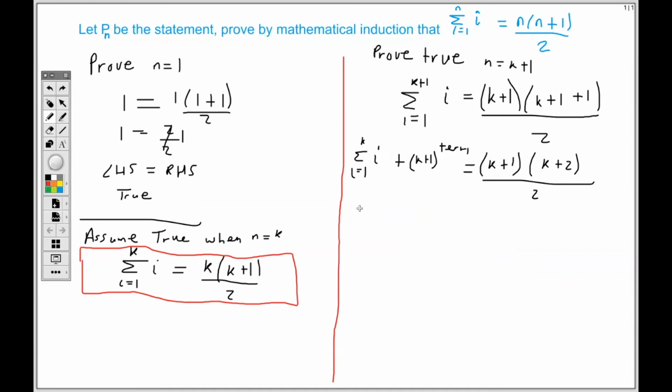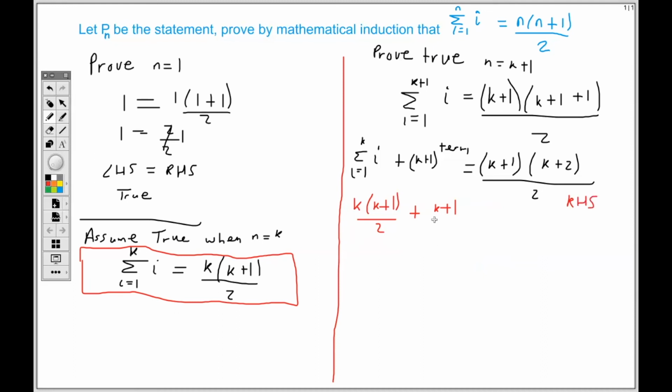So for here, the summation from i equals 1 to k comes from the assumption that it's the same as k(k+1)/2. And then for the k plus 1 term, I will replace i with k plus 1, so it will be just k plus 1 here. I'm going to find the LCM because I need to prove that it's the same as the right-hand side, which is what I'm trying to get on the left.